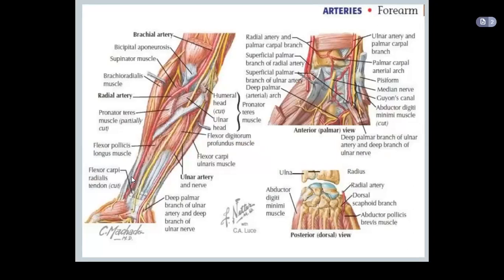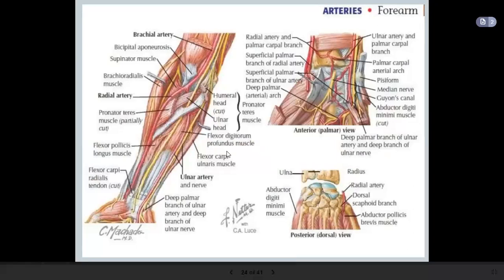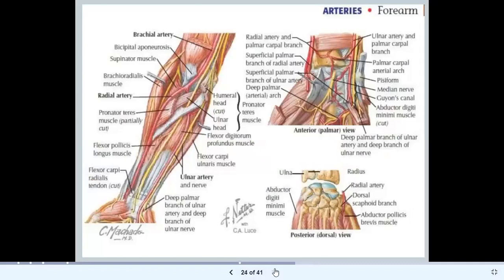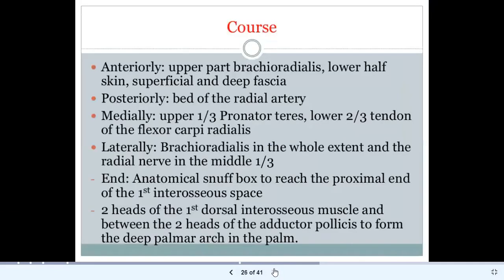Okay. Now the next thing we need to look at, let's see how it ends. So the artery ends in the anatomical snuff box to reach the proximal end of the first interosseous space.